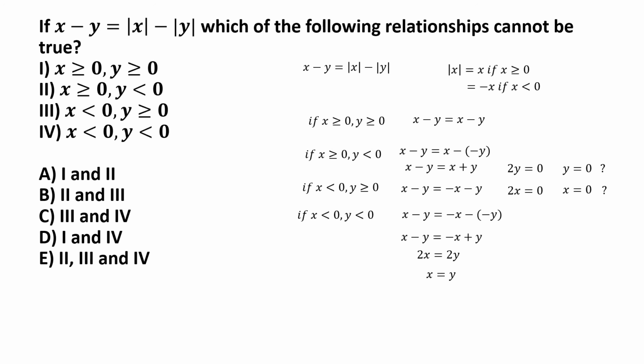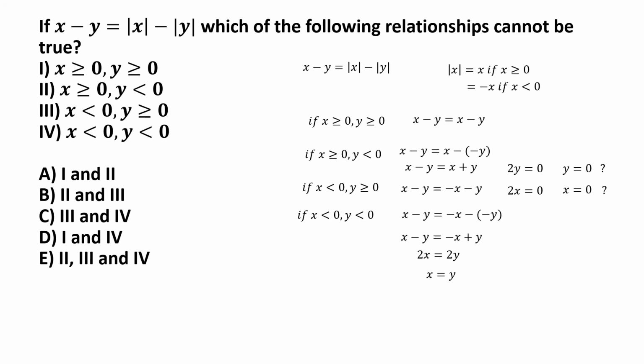So we conclude that domain 4 looks like a possibility, but only for a special set of values. Not all values in this domain will satisfy it, but there can be values of x and y in this domain which will satisfy the given relationship x minus y equal to mod x minus mod y.